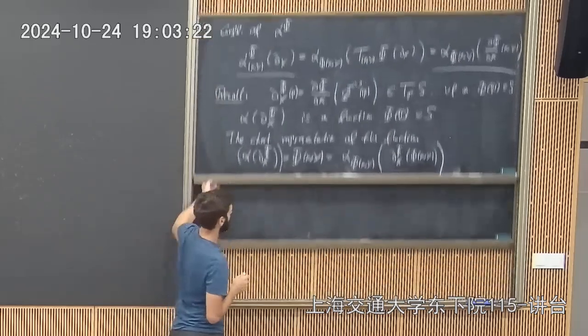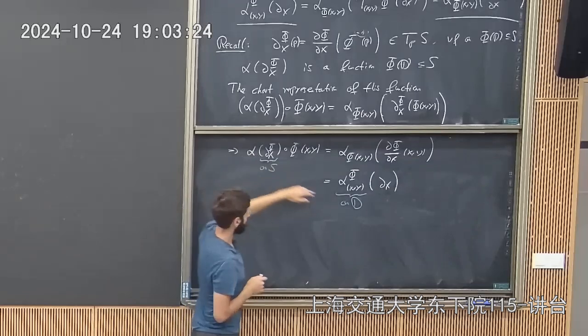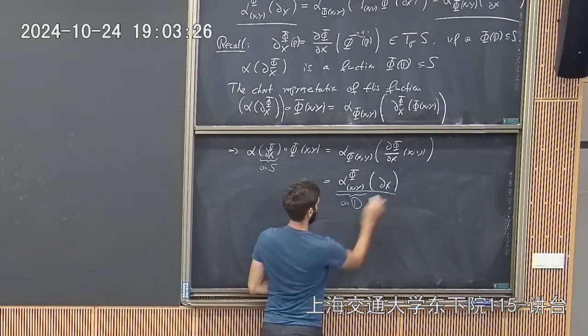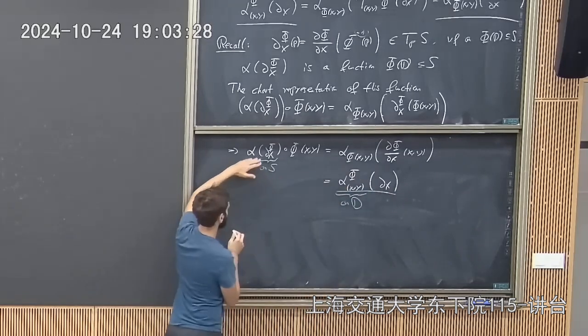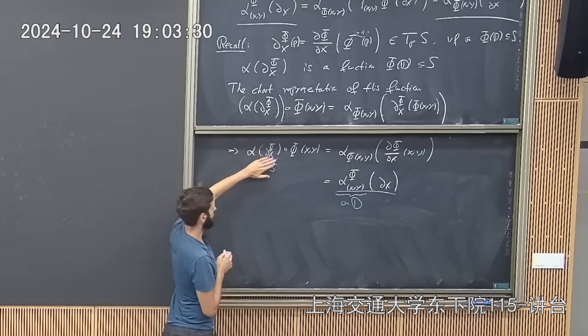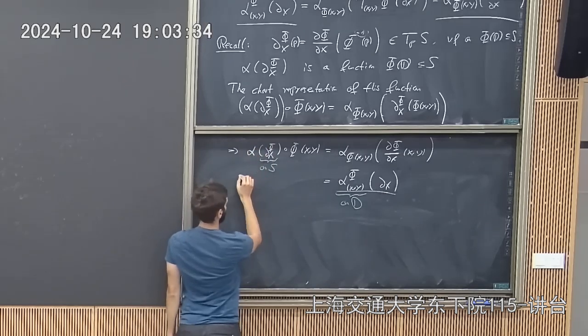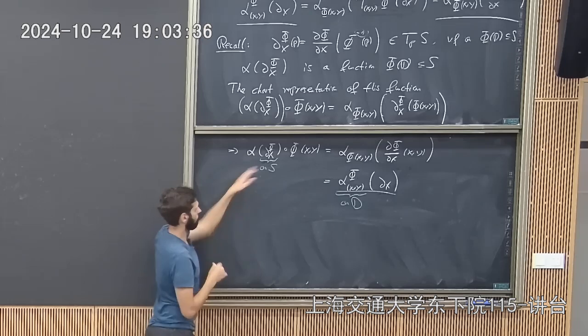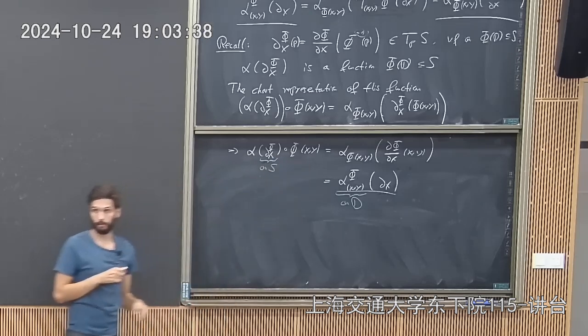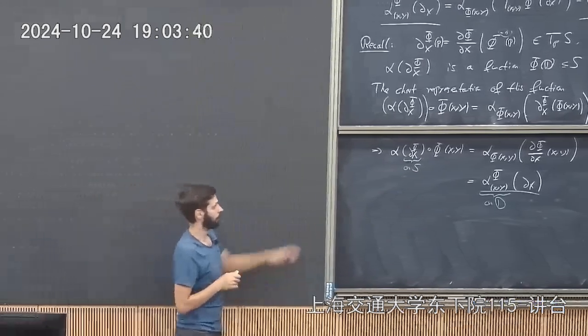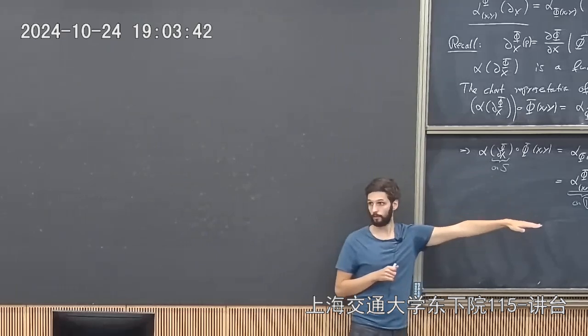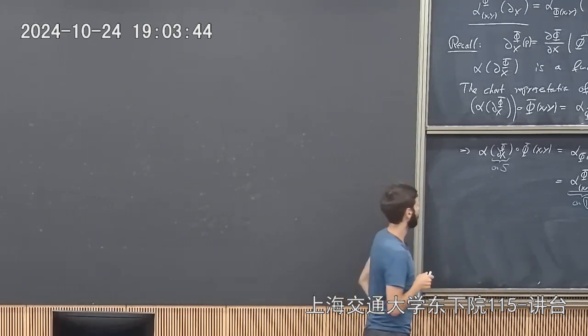Or alternatively, you calculate these vector fields, which are the vector fields on S, and then plug them into alpha on S, and then decompose with phi to get, again, a number. And this calculation was showing you that both numbers actually coincide.